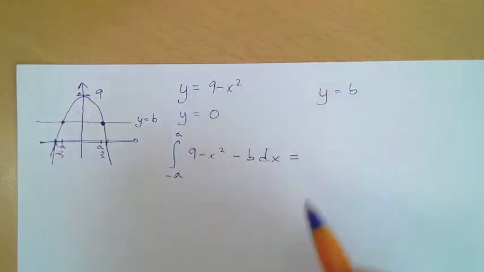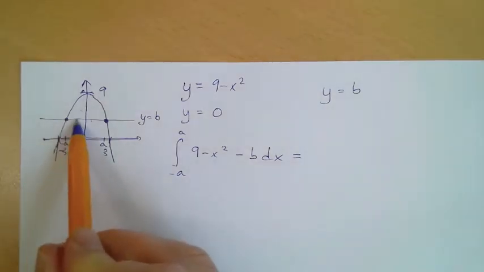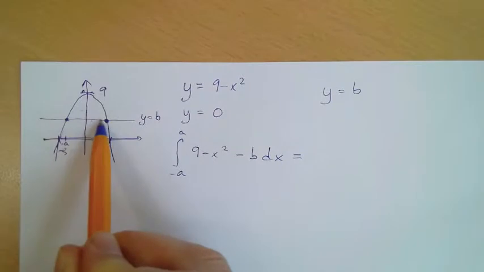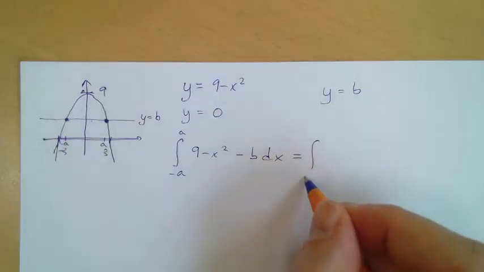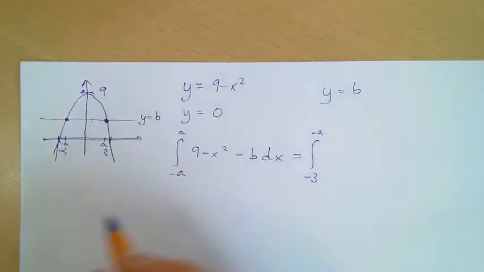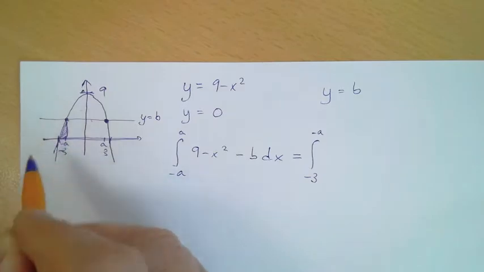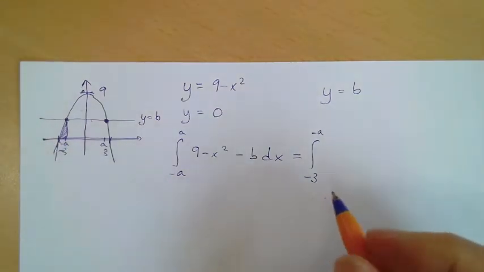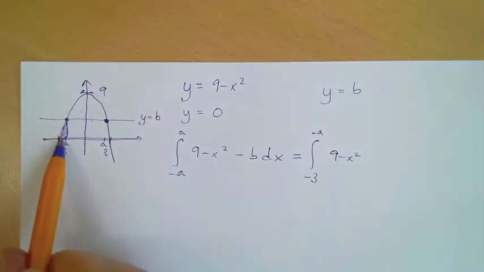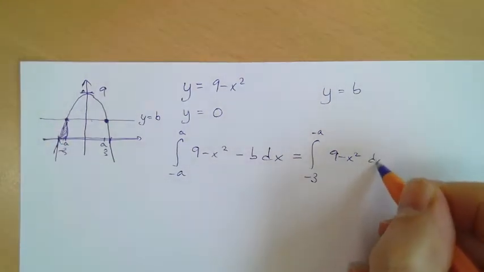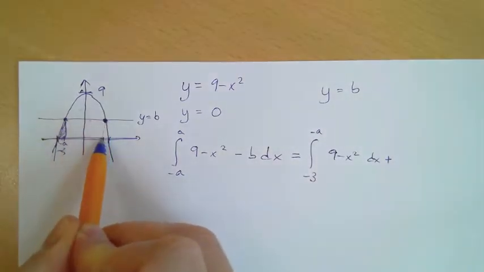And this would be equal to the area bounded by all these curves. And that is the integral from -3 to -a, I'm talking about this little region here, of 9 minus x squared, top minus bottom, which is 0, plus the area of this rectangle.